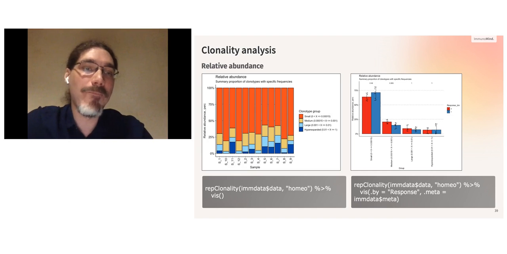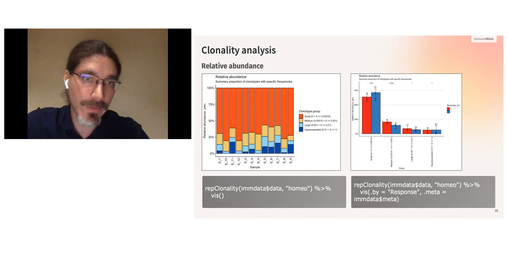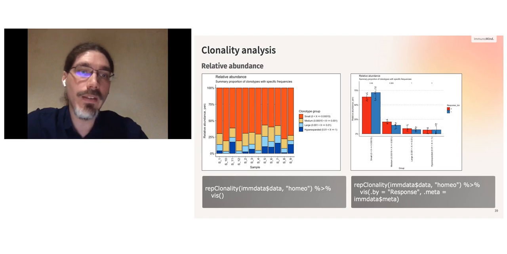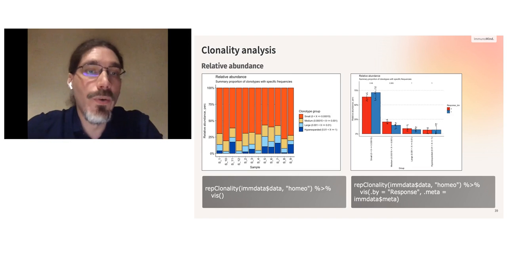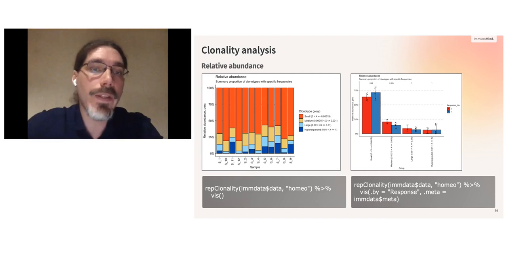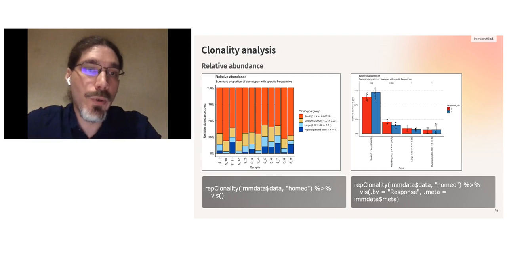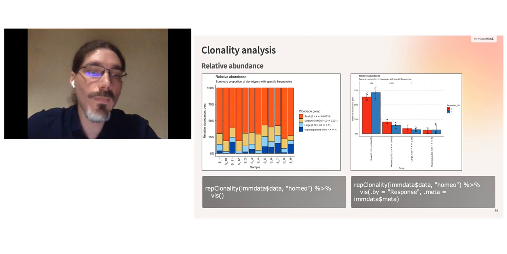But the x-axis is these clonotype groups, and the y-axis is the proportion of these groups in different samples. That's why you see small dots on top of bars. Every dot is a sample.